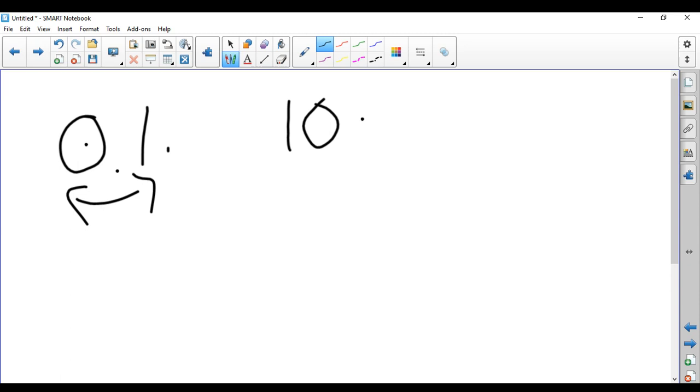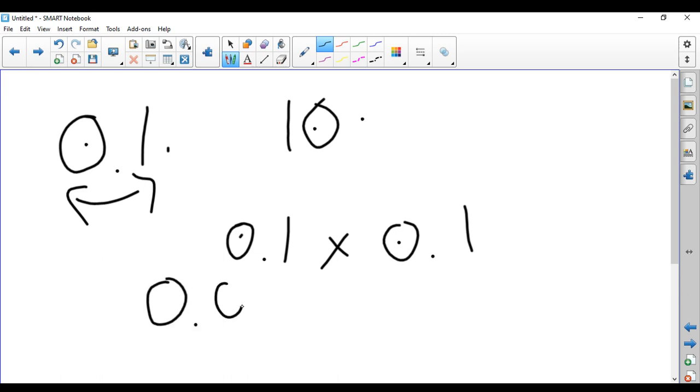How many zeros in a 10? 1. And it looks like I'm making a weird smiley face right now. So if I take 1/10 and I multiply it by another 1/10, how many zeros do I have? 2. Well, I have to have a decimal, but I have two zeros, so 1/10 times 1/10 equals 100th. So the zero counting still applies, but again in the opposite. I will have a 0 before the decimal, and then I will have zeros after the decimal to equal the total amount of zeros in the initial question.